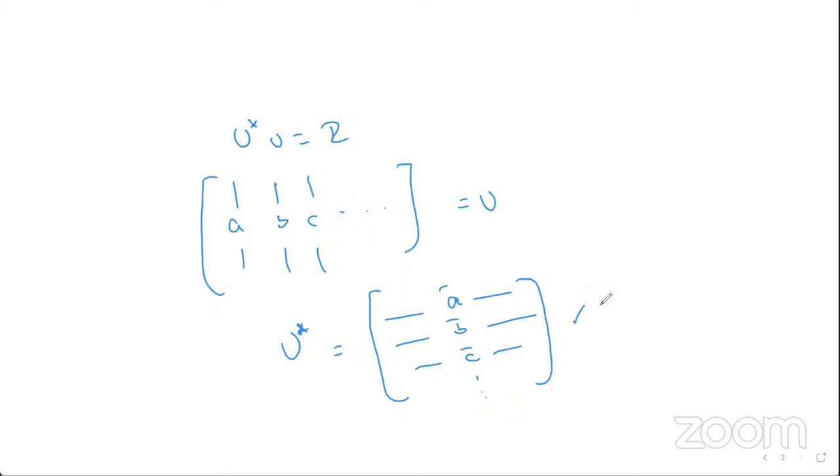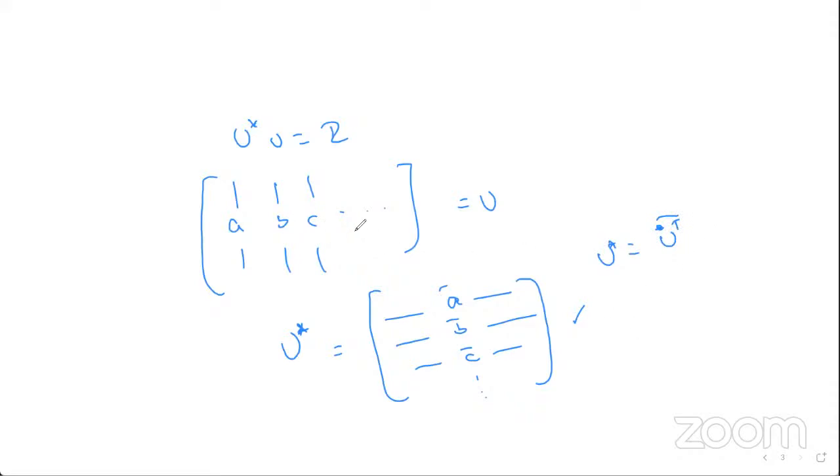Is this clear? No, sir, this is not clear. Okay, so what is U star? U transpose conjugate. Right?